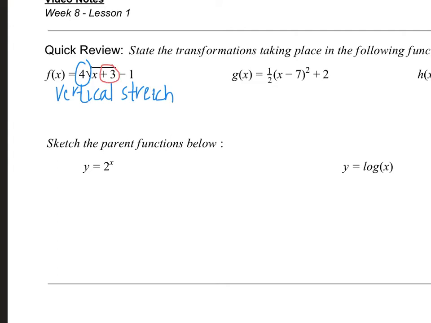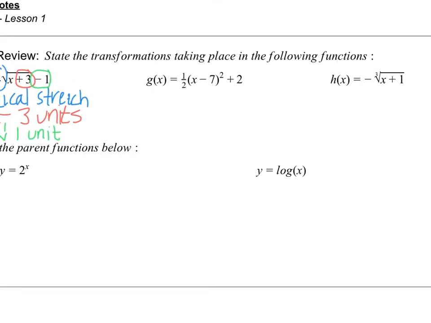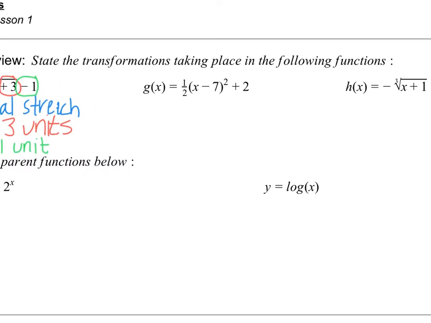So that's going to move to the left 3 units. And then what we're doing out here is we're subtracting 1 on the outside. And that's going to go down 1 unit. Right, down 1 unit. So over here, g of x, 1/2 times x minus 7 squared plus 2.